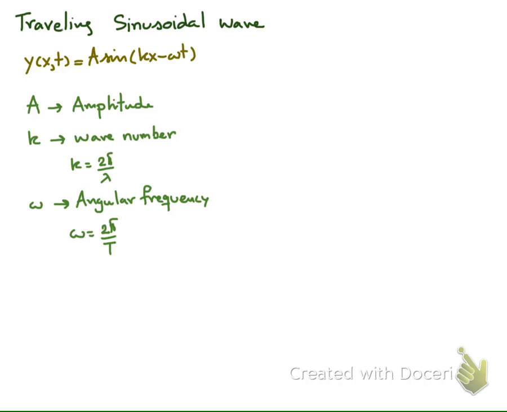Now, if we go back to the original functional form of the wave function, we can also write the wave function as A sine k of (x minus omega over k times t), like this.